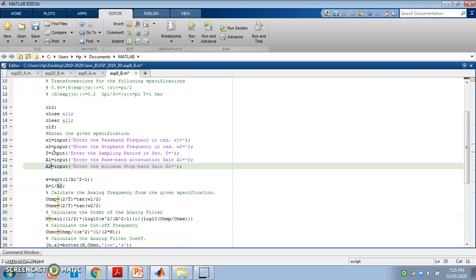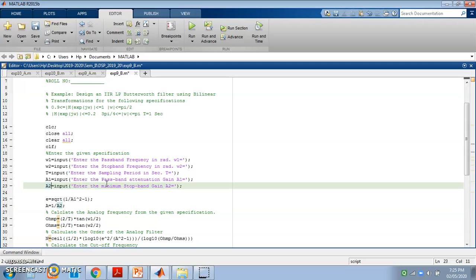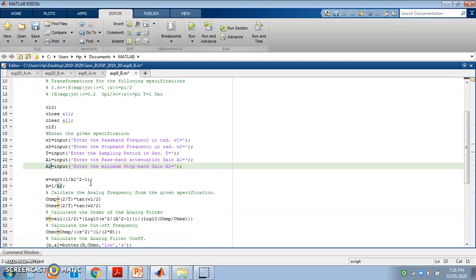And A1 and A2, these are the passband and stopband attenuation that is given in terms of 0.9 and 0.2.